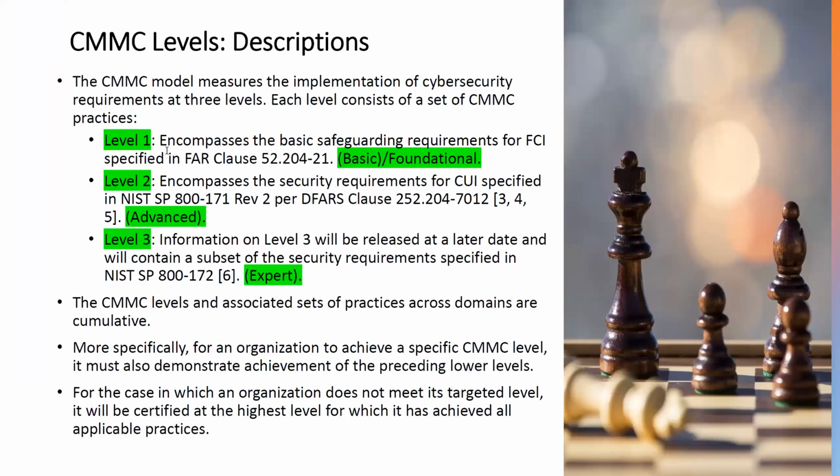Now, the maturity model has 3 levels: level 1, level 2, and level 3. Level 1 is a basic level specified for organizations at that maturity level. What we will be looking at today is level 2. Level 1 is more of basic cybersecurity controls.